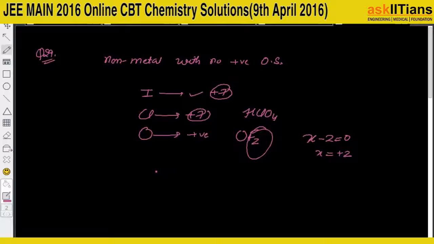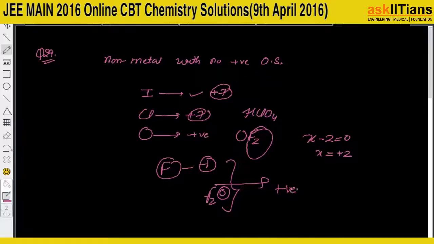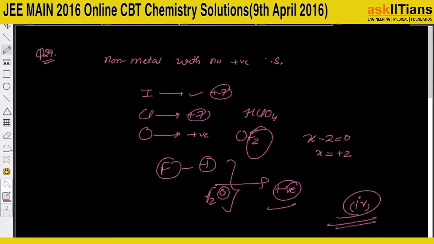Since fluorine is the most electronegative atom, it is always found only in the -1 state, or in F2 it is found in the 0 oxidation state. It can never be found in any positive state. That means option number 4 will be the correct option for this particular question.